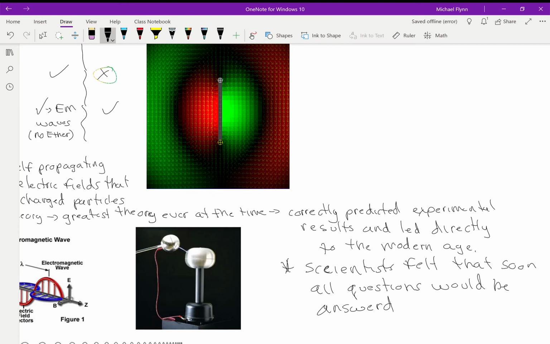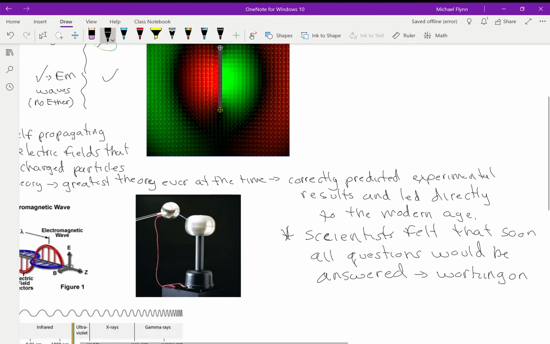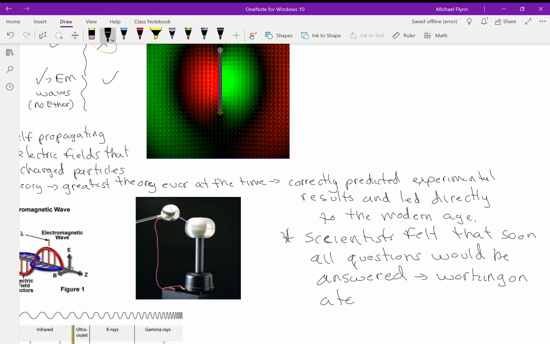What was missing at the time, they were working on atomic models. Plum pudding, okay, remember all this from your chemistry class, the plum pudding model, the Dalton's theory, and so on. Okay, so that's going on here as well.